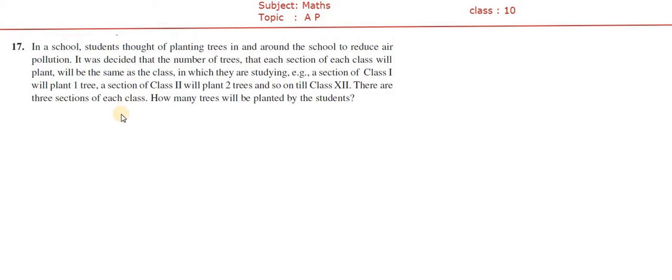Now we see that each section of each class will plant 3 trees. Therefore the total number of trees planted by class 1, class 2, class 3 is like this. So I'll give the summary.